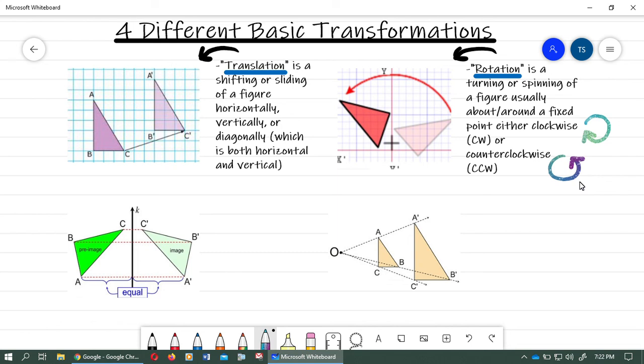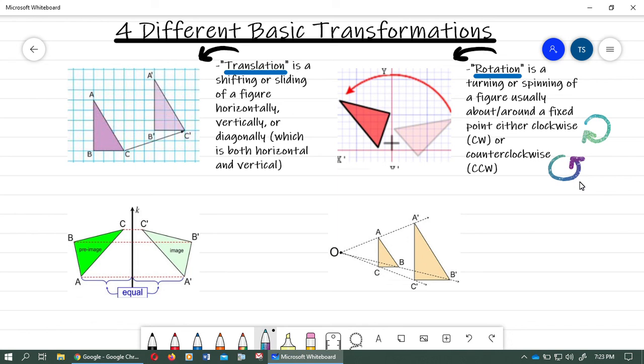Now, guys, it could be a reflection over the x-axis. It could be a reflection over the y-axis, a flipping over, a reflection over that.